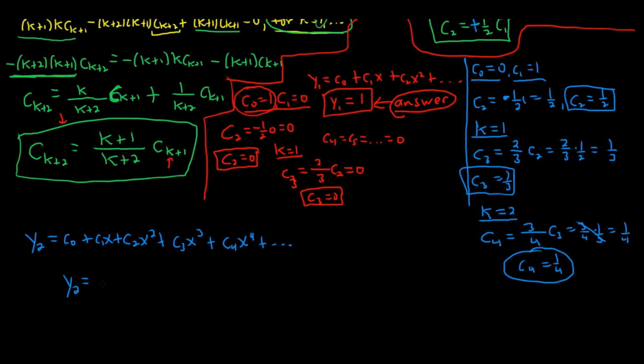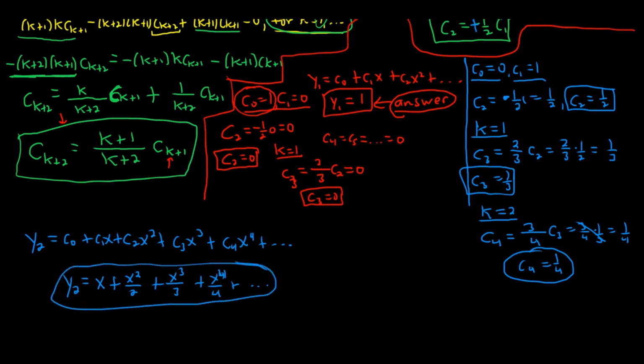C1 is 1, so we just get x. C2 is 1/2, so we get x squared over 2. C3 is 1/3, so we get x cubed over 3. C4 is 1/4, so we get x to the 4 over 4 plus dot dot dot. And that should be the final answer. So that's y2. And then here is y1. So that's it. Those are the correct answers.